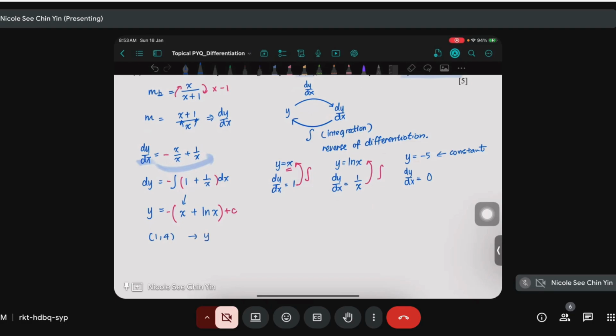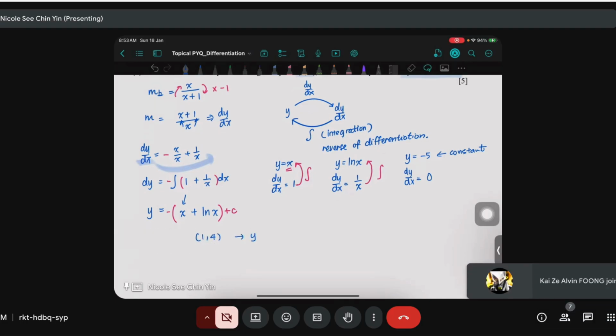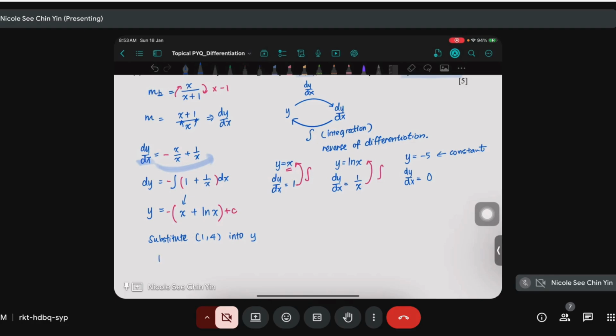So y equals 4 equals negative x negative ln x plus c.